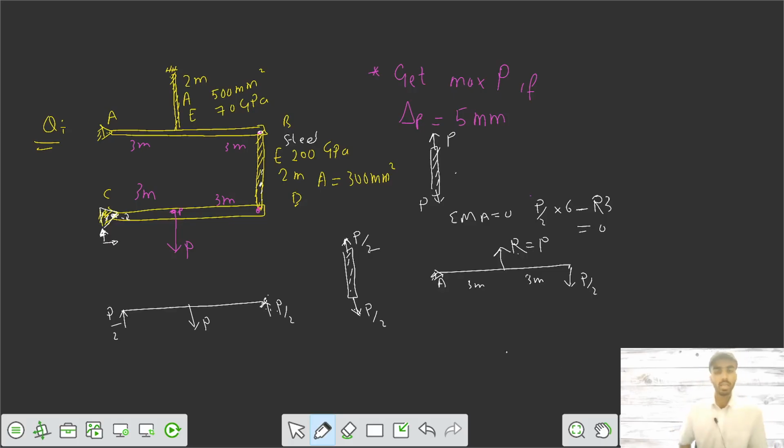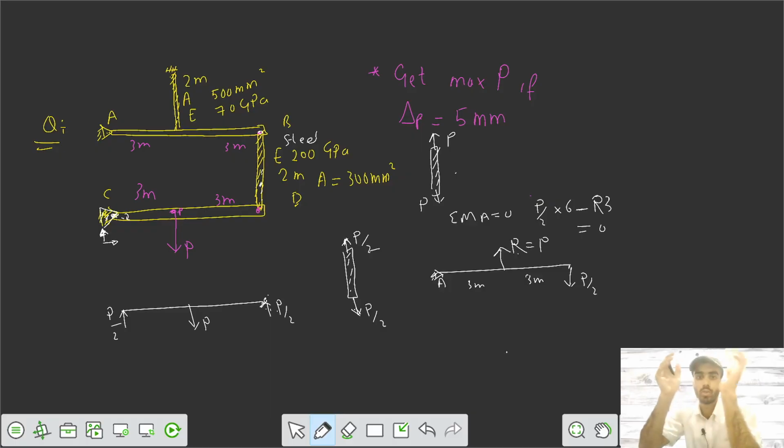We need to get, oh my god, we need to get the value of P such that net deflection at point P equals 5 mm. We need to combine all those effects such that the delta at P equals 5 mm.